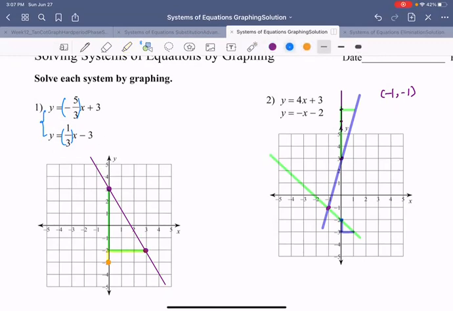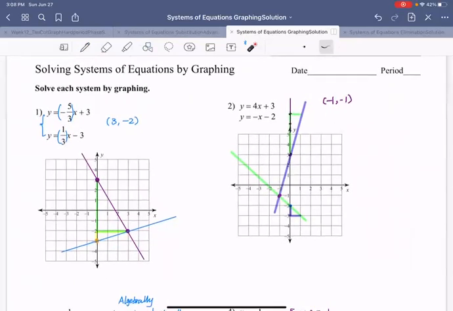And then we can connect. Like that. Okay. So we found out the crossing point is at (3, -2), right? See? X is 3, Y is -2, correct?